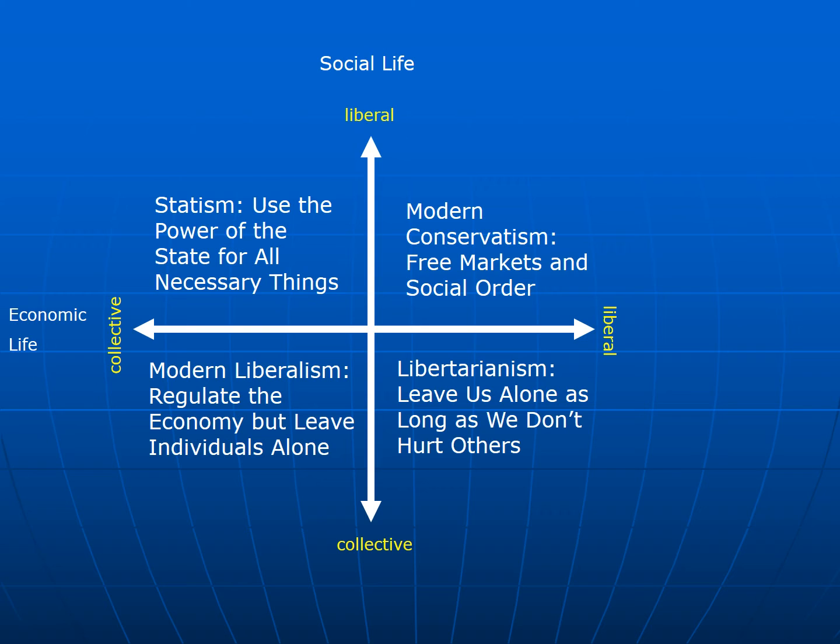Below them is modern liberalism. Modern liberalism says, hey, definitely use the government to regulate the economy, but kind of leave government out of personal lives. And that's where some of you probably fell. It's where people like Nelson Mandela, the Dalai Lama, and some on the American left tend to fall. Although on this scale, most Americans tend to be in the upper right.